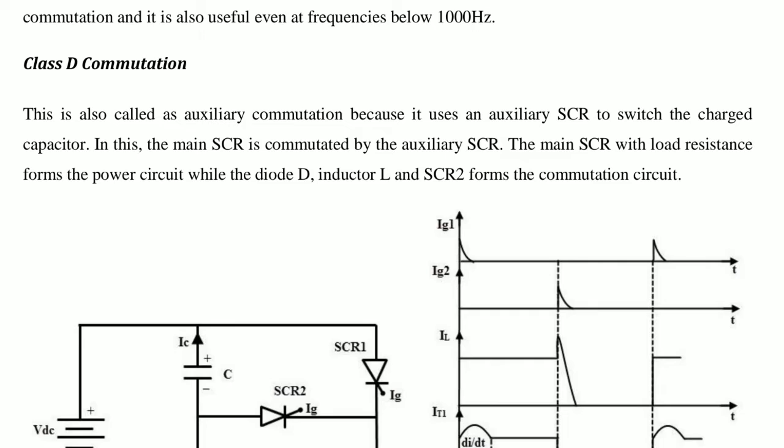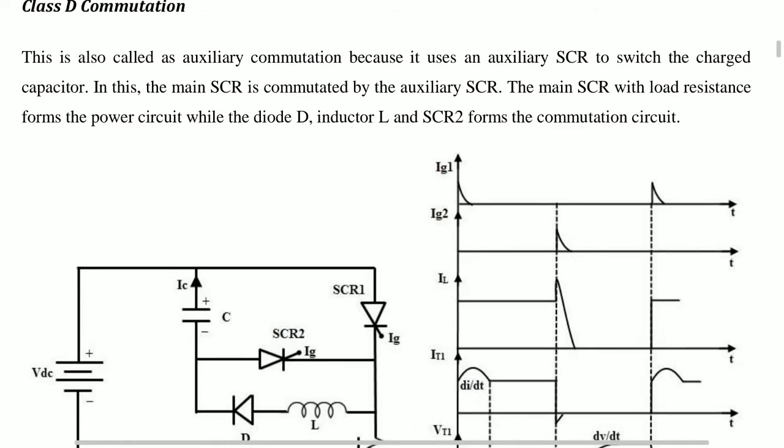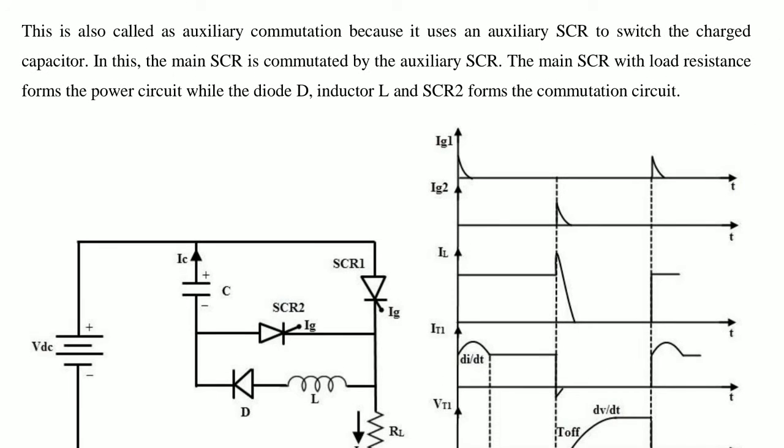There is one main SCR and a second, auxiliary SCR in the circuit. The main SCR is commutated by the auxiliary SCR. The main SCR with load resistance forms the power circuit, while the diode D, inductor L and SCR2 form the commutation circuit.